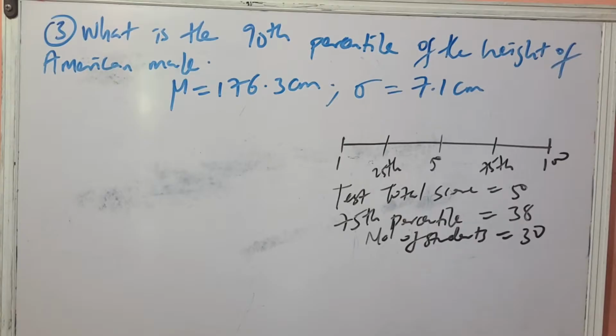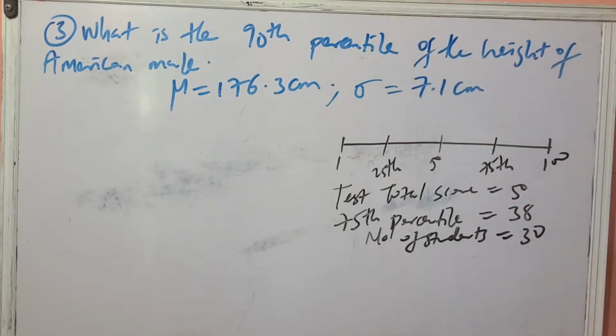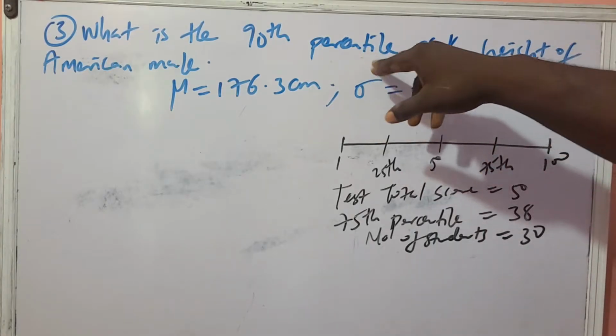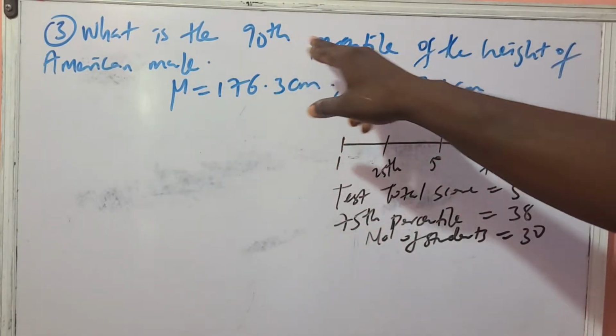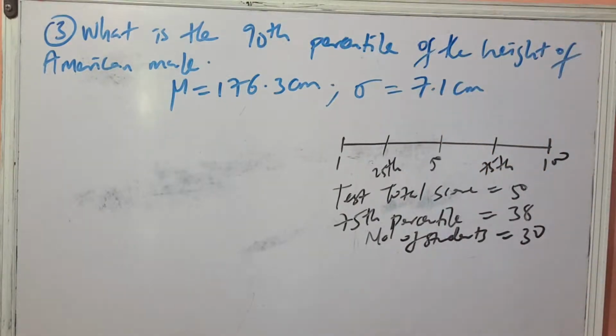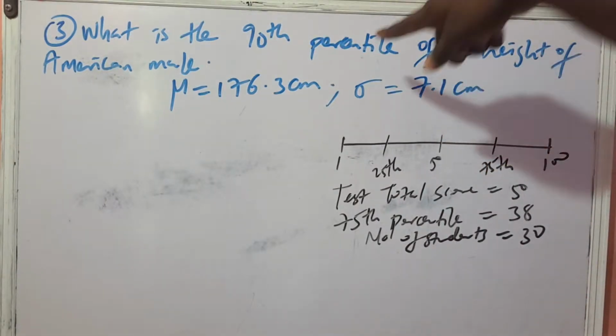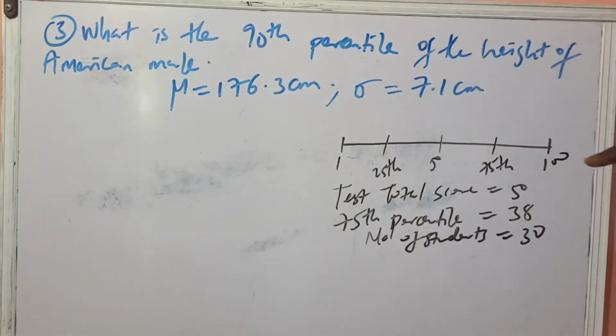So when we start talking about the 90th percentile, I want you to be able to flow with what we are saying here. When they ask what is the 90th percentile of the height of American males, that means you are looking for a height that 90% of American males will have either exactly that height or less than that height.